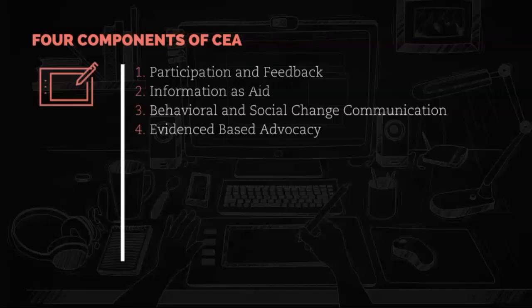Now, what evidence-based advocacy does is to give the communities a voice to express themselves, to share with their stakeholders, their councils, their governments, why they need representation for a particular aspect.